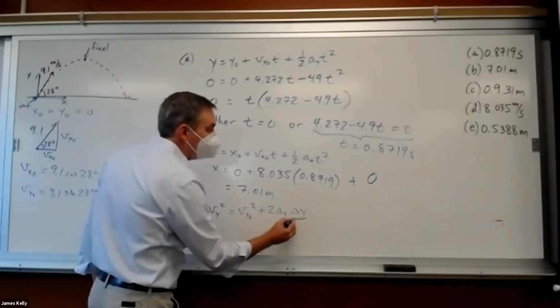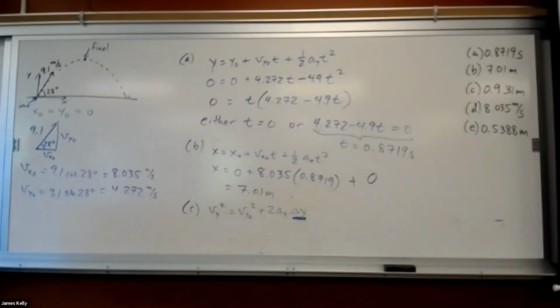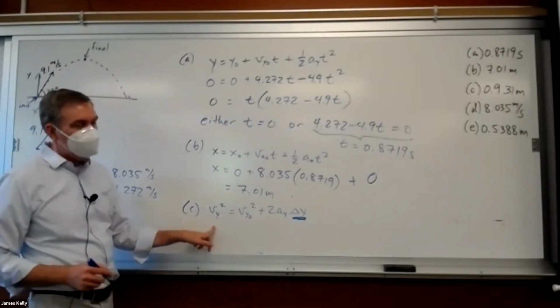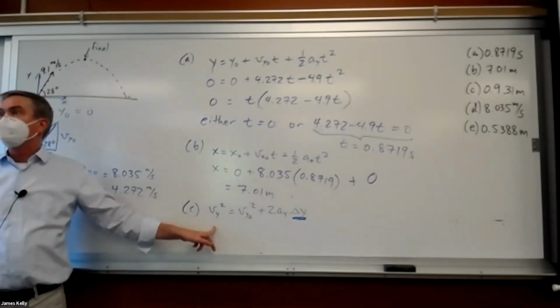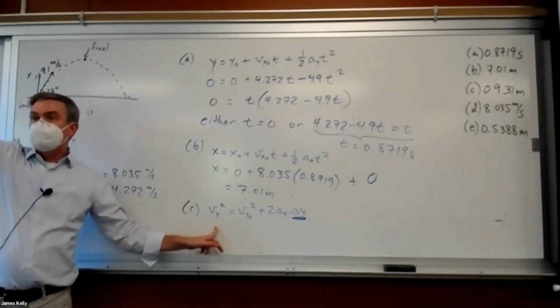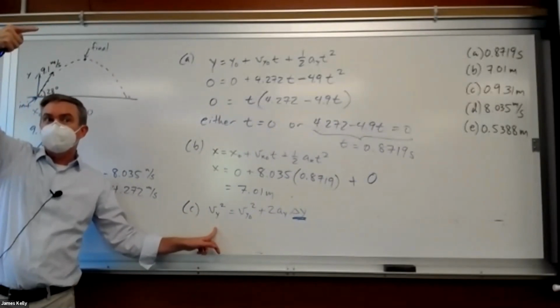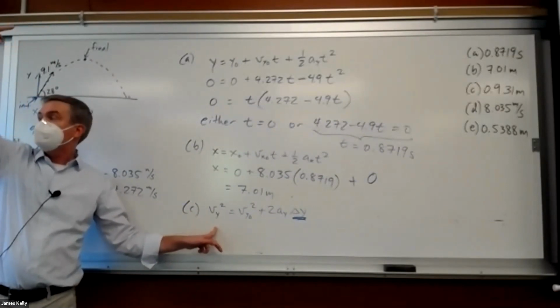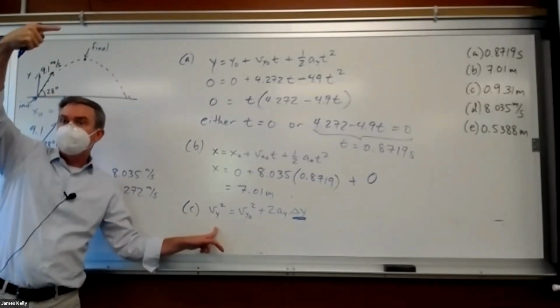That's what I really want to find here, so that's my unknown. Let's plug in what we know about all the other things. What's Vy final? If we're at the very highest point, it's 0, because the object is moving momentarily horizontally, which means it has a non-zero x velocity component, but its y velocity component at the very highest point is 0.